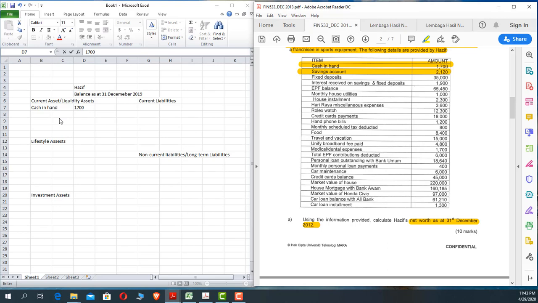Okay, yang kedua, based on your saving account, this is also your current asset, because current asset you can convert ataupun tukarkan kecairan dia dalam jangka masa yang cepat. So kalau awak nak guna wang pada masa sekarang ataupun less than 1 year, you can use the cash, you can use the money in the saving account. So this is for the saving account.